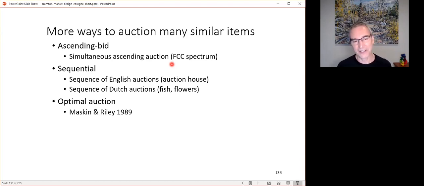That's the Dutch auction, and the English auction is done in the auction houses. And we could do the optimal auction focused on revenue maximization, and I'll talk about that in a moment. There's been recent work looking at the optimal auction with multiple divisible goods, but this was the early work by Maskin and Riley.